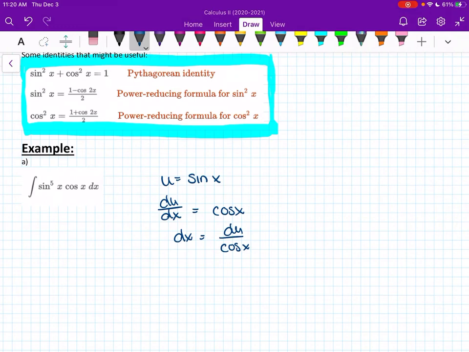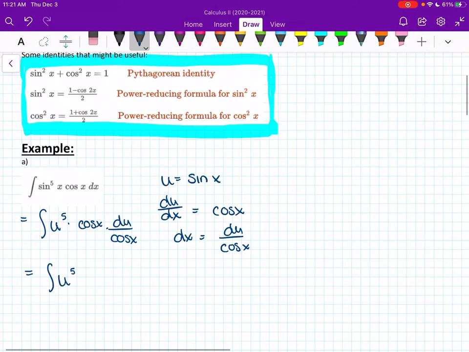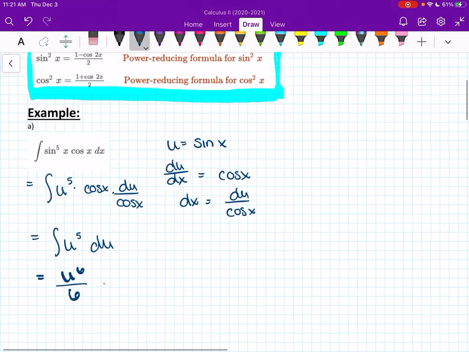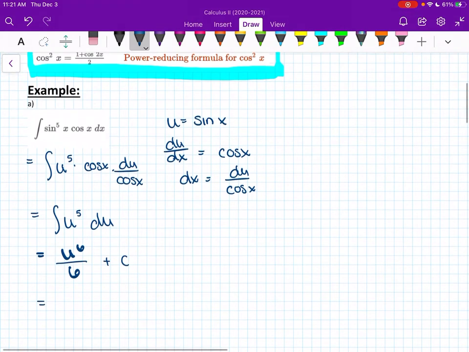And then if I go back to my integral, I see that I have u to the fifth times cosine times, and then my dx was du, and then the cosines will cancel. So then I just have the integral of u to the fifth du, which then is u to the sixth over 6 plus c. And then I'm just going to substitute back in my substitution. So then I get sine to the sixth of x over 6 plus c.